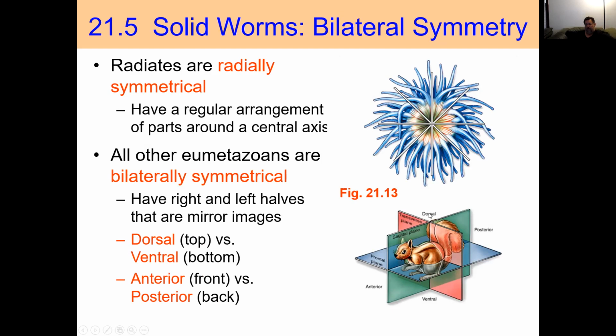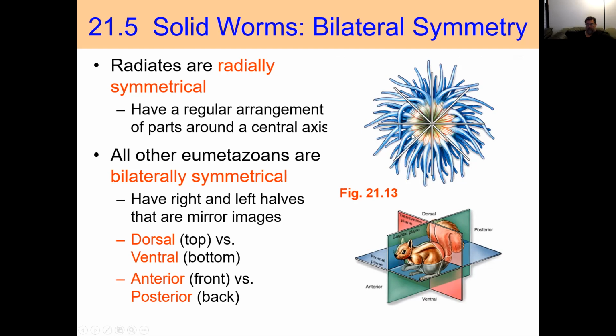So the top half would be called a dorsal side. The bottom half would be called a ventral side. The front half is called the anterior, and the tail region is called the posterior region. So that's how a bilateral animal would be divided, and that's what we're going to start talking about next.